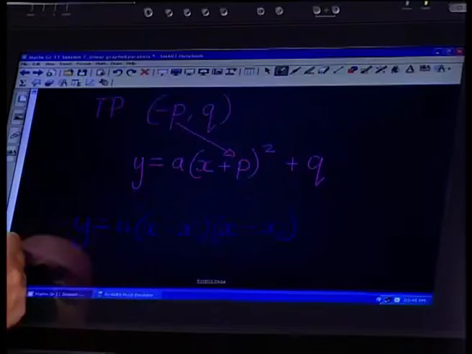In this case, we're talking about the x-intercepts, where the parabola cuts the x-axis. We would use this formula to find the equation of a parabola when we have the x-intercepts and one extra point. With the other formula, we would use it when we have a turning point and one extra point. Moving on to the questions.